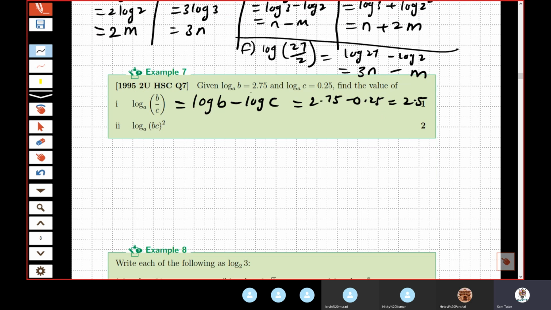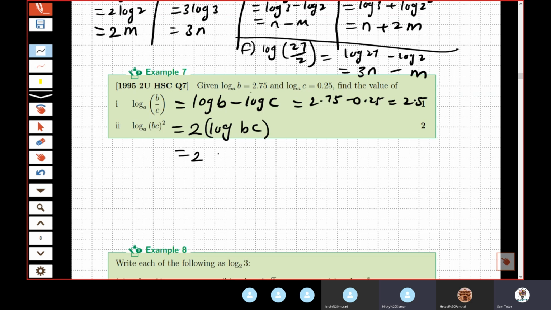All right. Log BC all squared. Ooh, what do you do in this case? Squared. You must bring the power down. And then you're left with log of B and C. What do you do with BC like this?